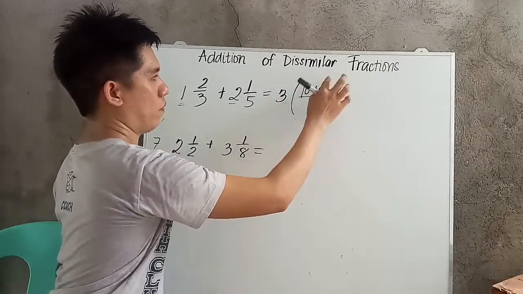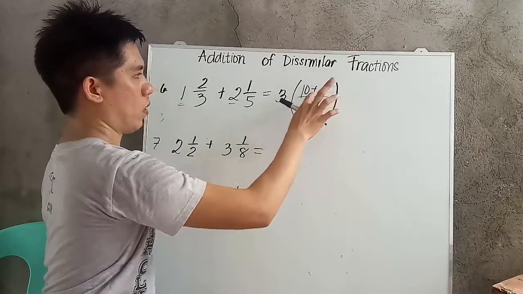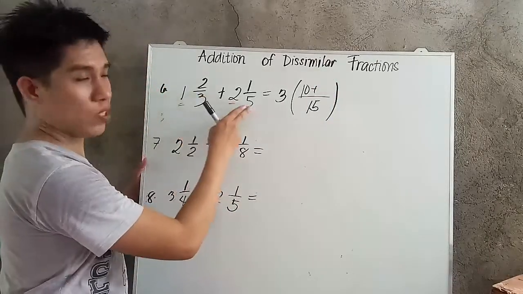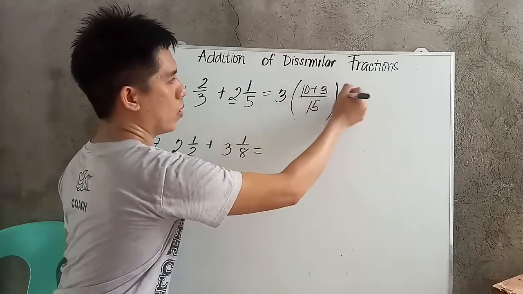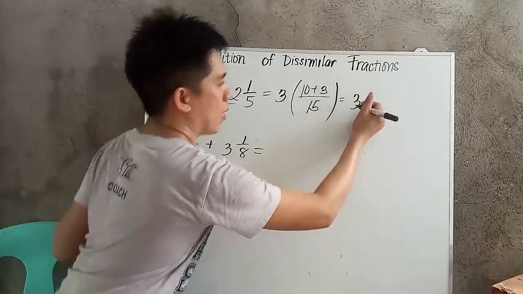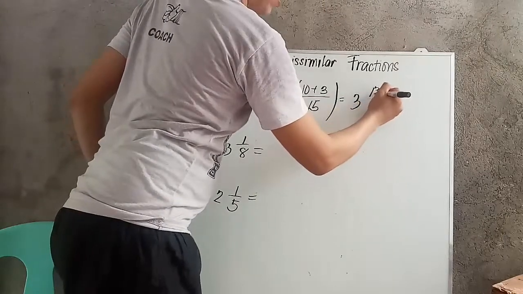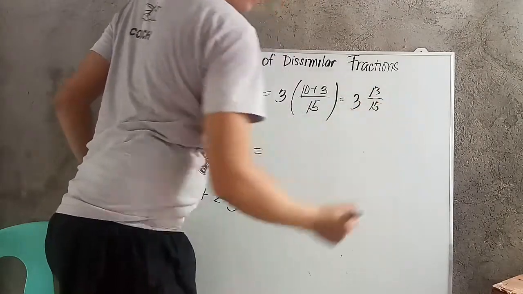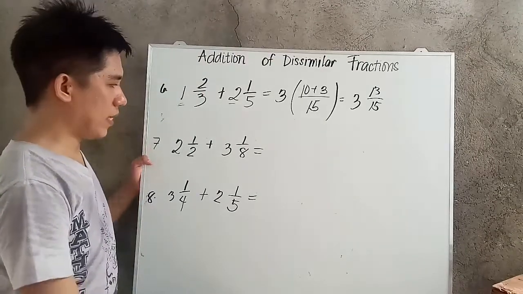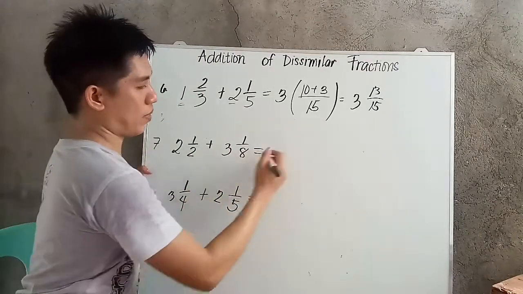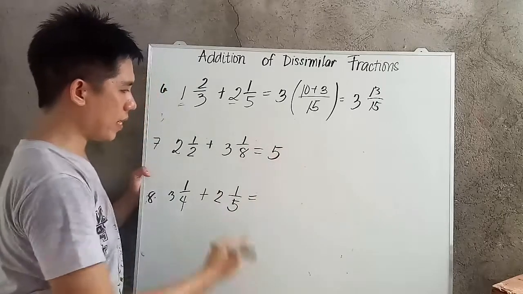So 2 times 5 is equal to 10, and 3 times 1 is equal to 3, which gives 3 and 13 over 15. Next, 2 plus 3 is 5.